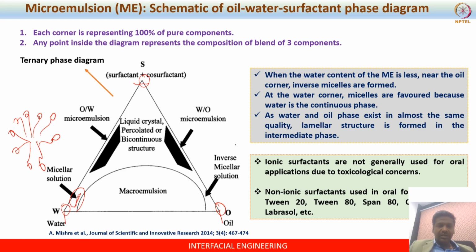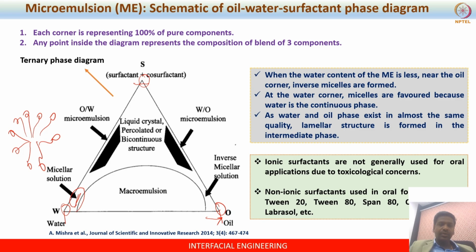Whereas on the other extreme, we are talking about this extreme, we are very close to 100% oil, which means that you have a very small quantity of water. Most of it is filled with oil.